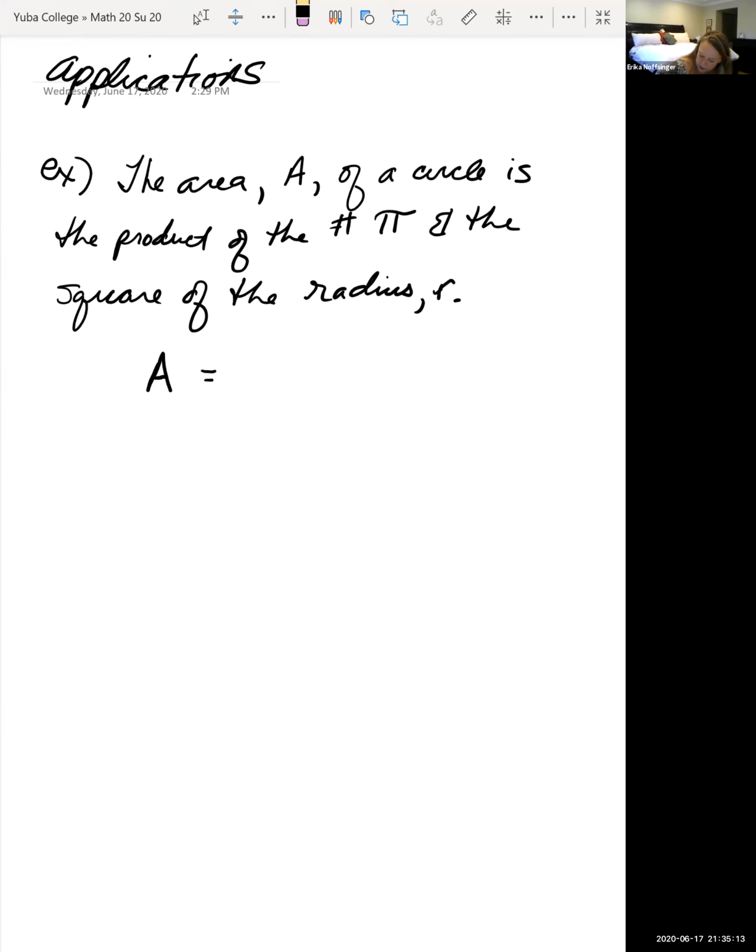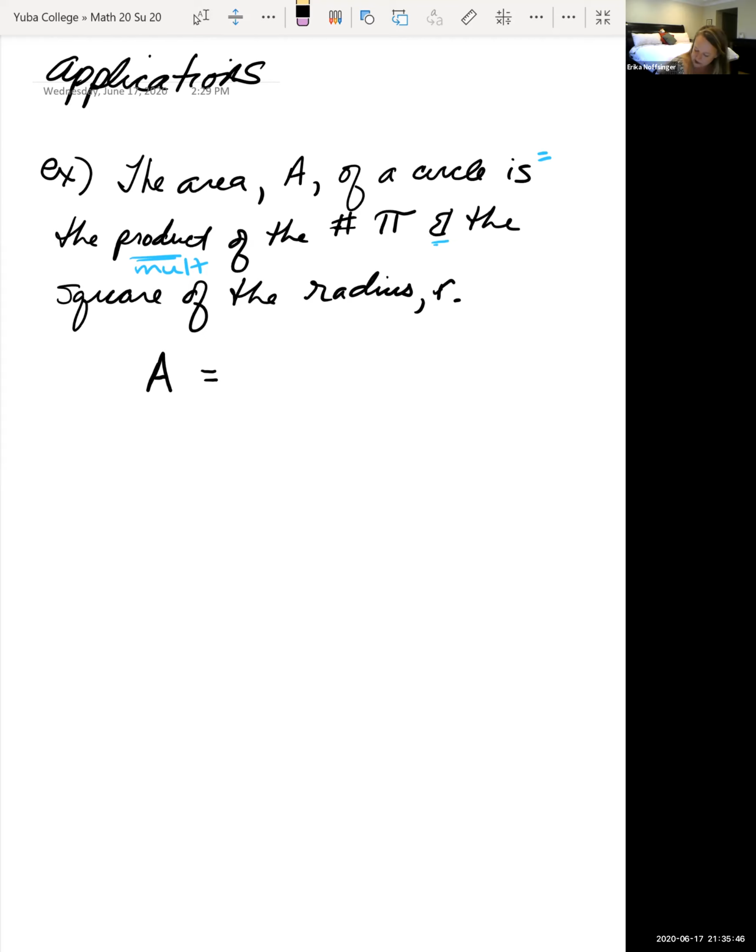So equals, in mathematics, is the product of the number pi. So product, to me, that means multiplication. And multiplication of the pi, so I need to put pi in there.